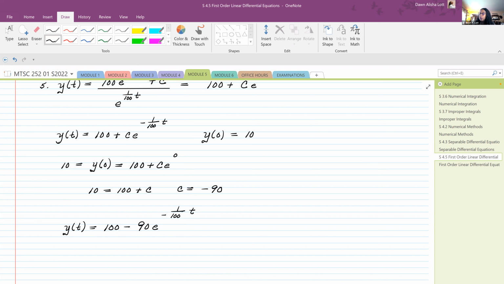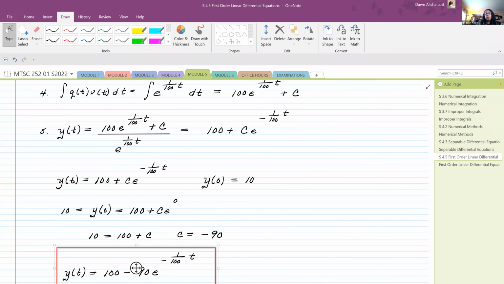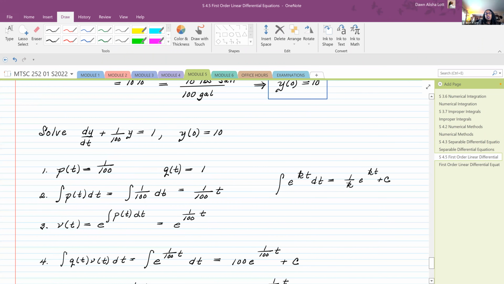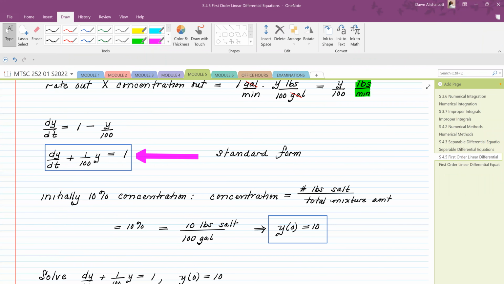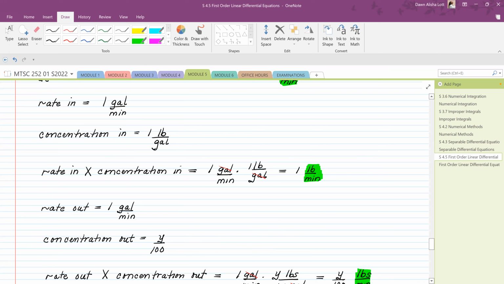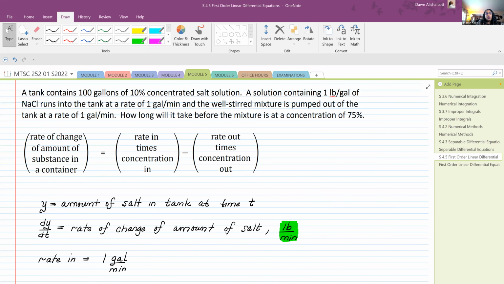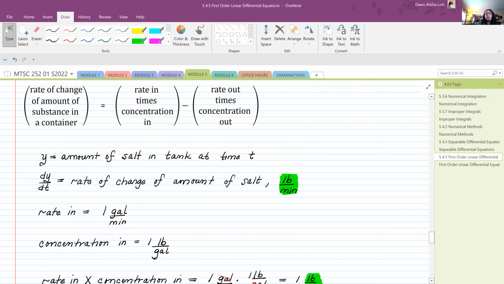Okay, so that's the amount of salt that's in there at any given time t. So we now have found the formula that tells us the amount of salt at any time t. So now the question asked us, how long will it take before the mixture is at a concentration of 75%?